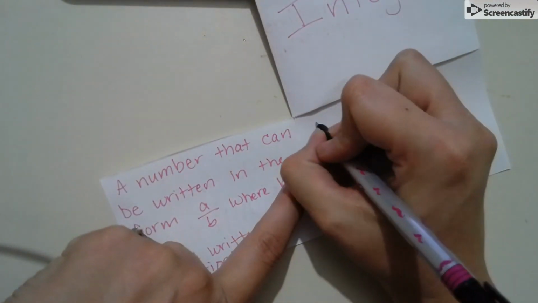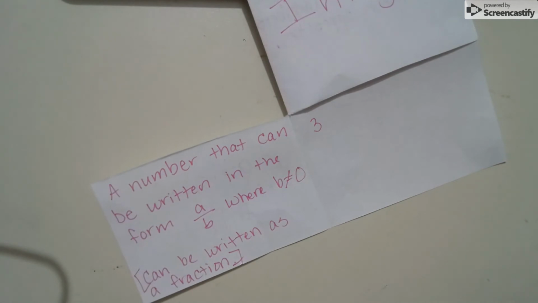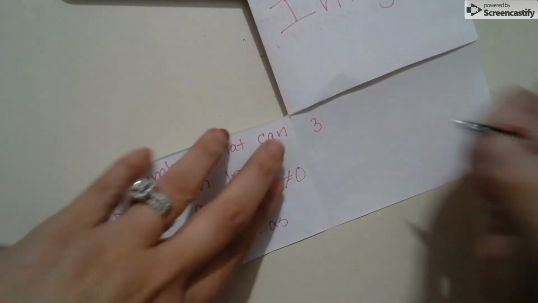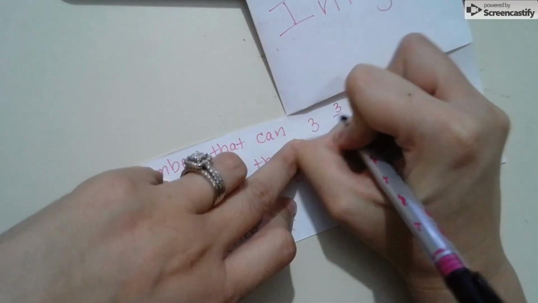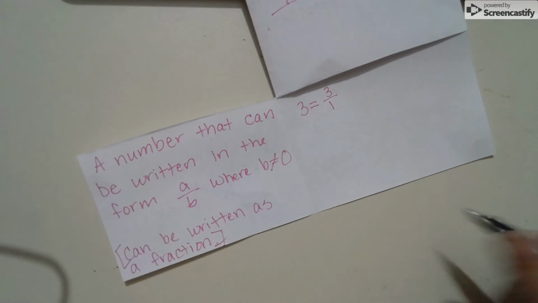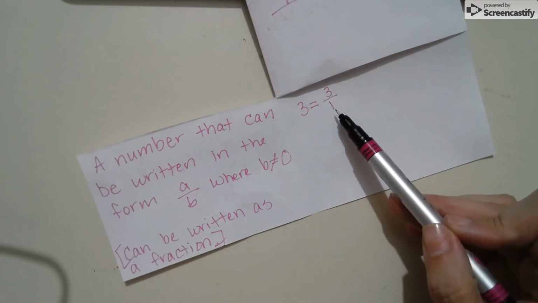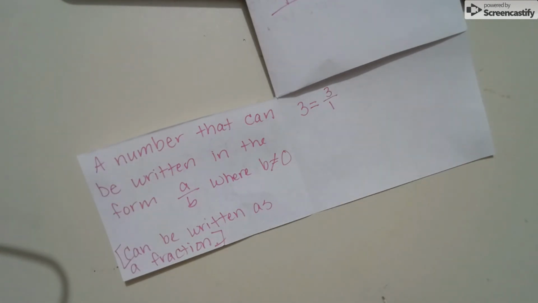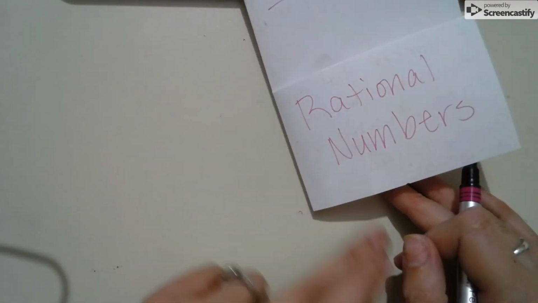So over here, if I give an example, let me give you the number 3. Is 3 a rational number? Can I write 3 as a fraction? Yes, because I can make it 3 over 1, and those are equivalent. Those are the same thing. It's a fraction. Now it's A over B, and B is not 0. So 3 is a whole number. We know it's an integer, and it's also a rational number.